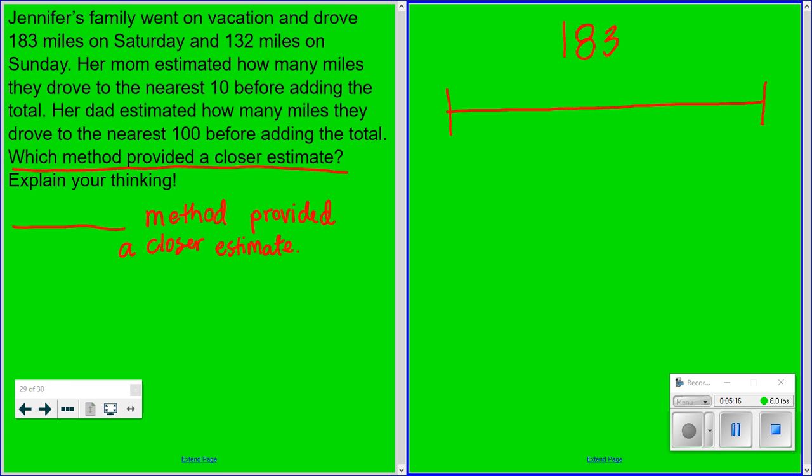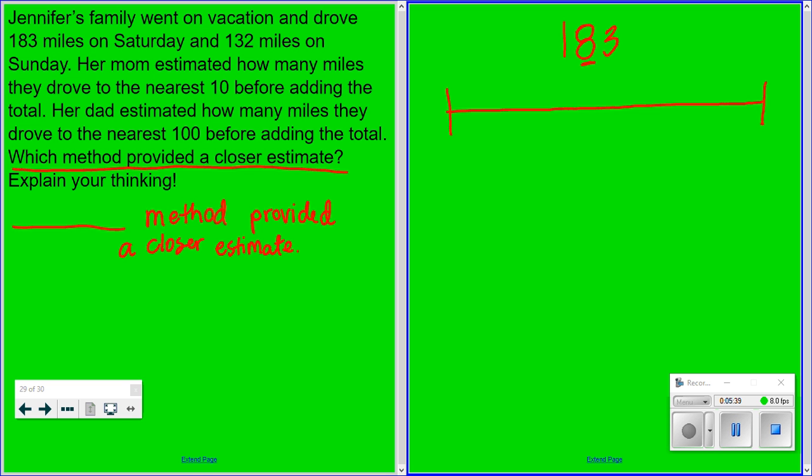Mom is rounding to the nearest 10. Which digit is in the tens place? The 1, the 8, or the 3? Miranda? The 8. That's going to help me decide what my first endpoint is.